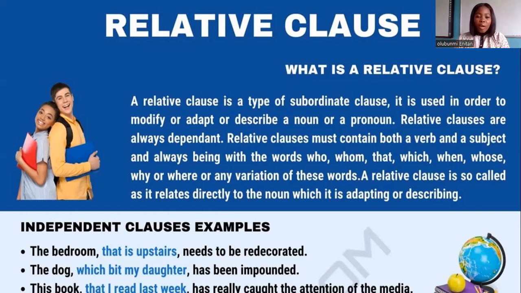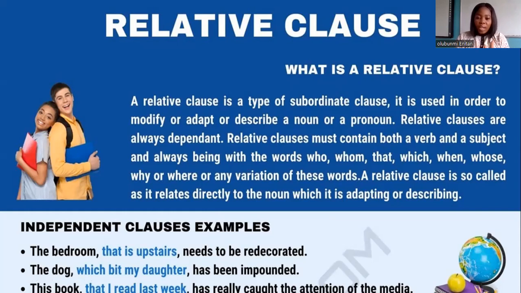Under the dependent clause, you have three basic kinds: the adverb clause, the adjective or adjectival clause, which is also known as the relative clause, and the noun clause. Of course, another name for the dependent clause is a subordinate clause. When you're starting your relative clauses, you're going to have a verb and a subject.